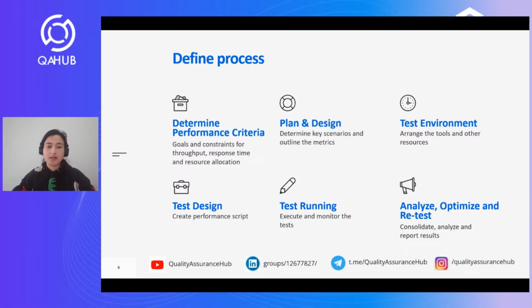Then we have the planning and design side, when we should determine how usage is likely to vary, because it's necessary to simulate a variety of end-user loads, to plan performance test data, and to outline the metrics that will be collected.